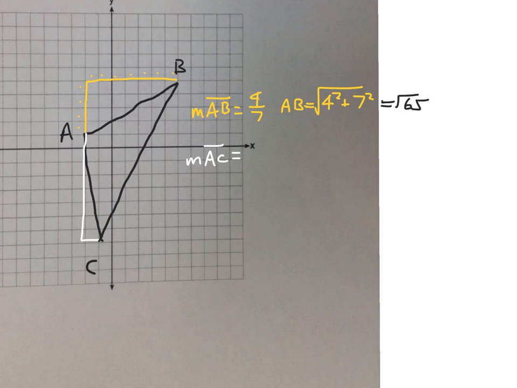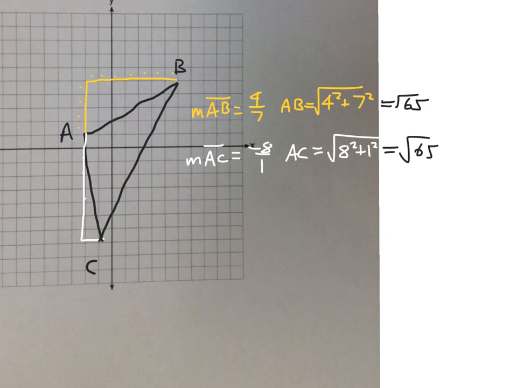That's okay. It's down 1, 2, 3, 4, 5, 6, 7, 8, and over 1. So down 8 over 1. I can use those numbers to figure out the length. The length would be the square root of 8 squared plus 1 squared, which, surprise, surprise, comes out to be radical 65 again.